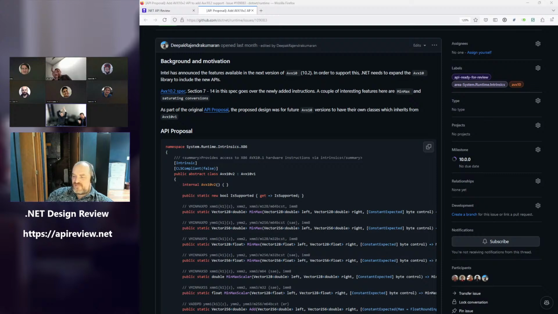Also, given that the control byte is required, the people who would be calling this are probably familiar with the intrinsic, so would think to look for a name min-max, I would guess, because it matches the intrinsic name. Or you don't think people just stumble into AVX 10v2 and call random methods on it?